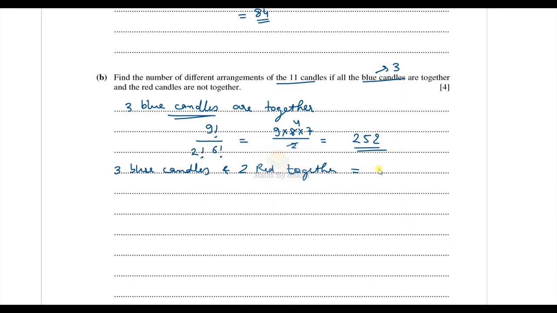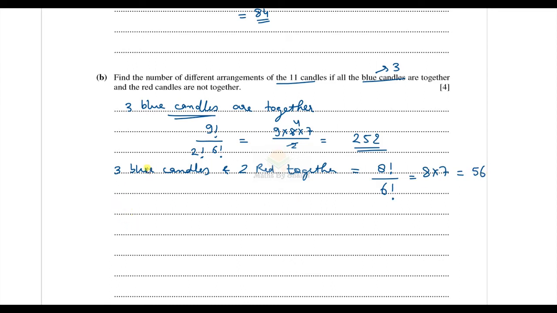So there are 8 places, 2 red candles are 1 and 3 blue candles are 1, so only green candles are to be arranged, and there are 6 identical green candles, so the different arrangements will be 8 factorial over 6 factorial, which is 8 into 7, so 56.